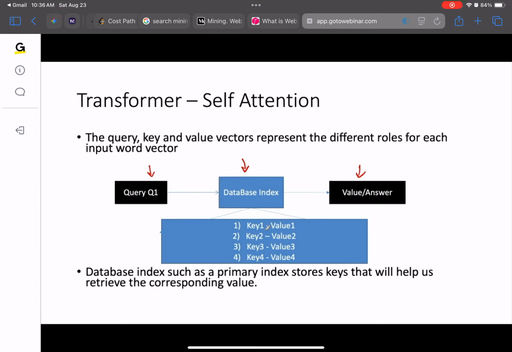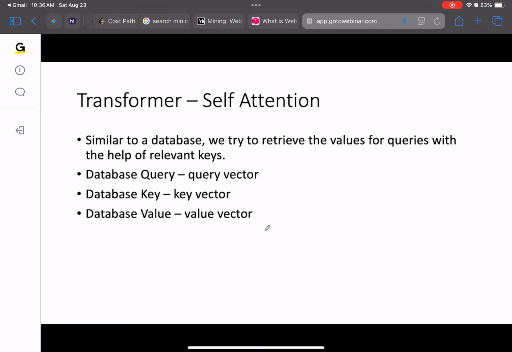That's how the scenario of a database index and the self-attention that we are seeing here can be related. We try to retrieve the values corresponding to a query with the help of relevant keys: we find the relevant keys for a query and then pull out the associated values.